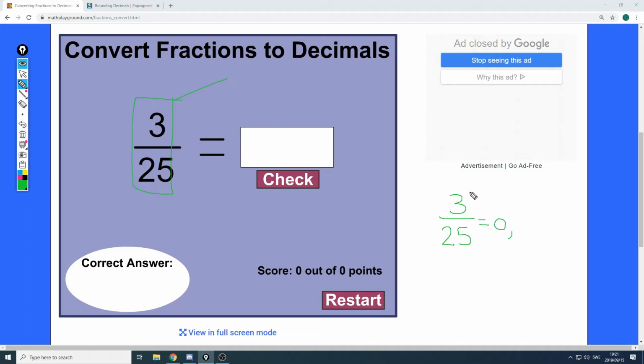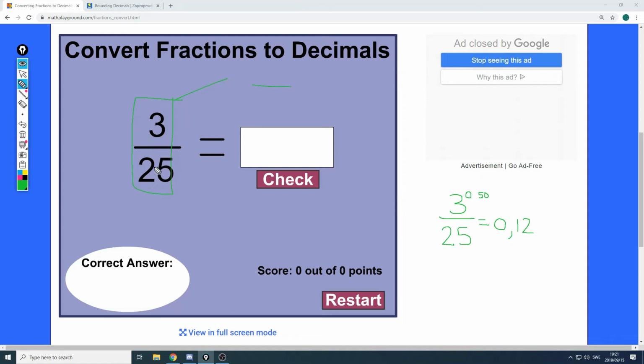But if I think to myself, well, how many times does 25 go into 30? It goes in once, and I have 5 left over. How many times does 25 go into 50? It goes in twice, and then I have nothing left over. So I know my answer's done. It's going to be 0.12.